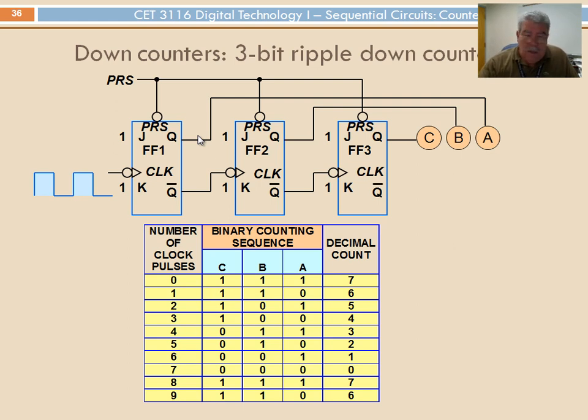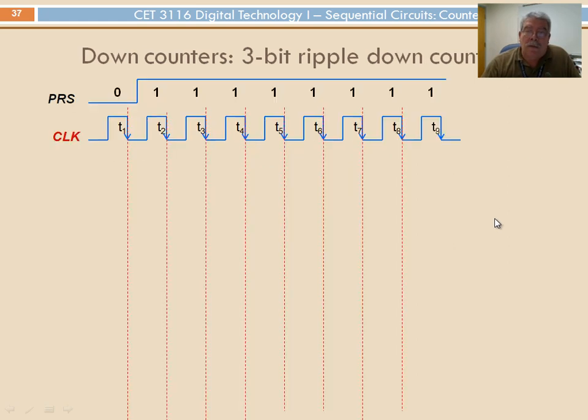Essentially, it works pretty much like the regular up ripple counter. We start by doing a preset before the first clock. Again, remember, we're using JK flip-flops with falling edge, so that's why I depicted the falling edge with an arrow. Okay, see what happens.